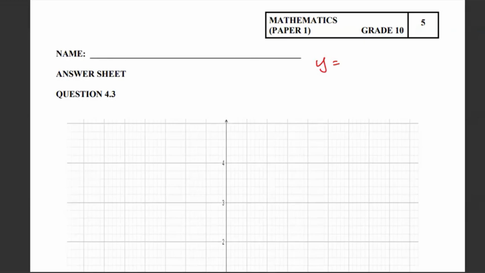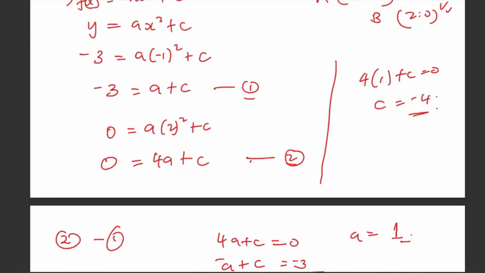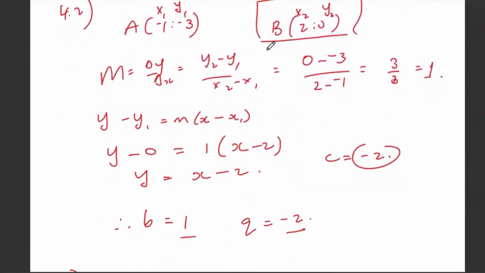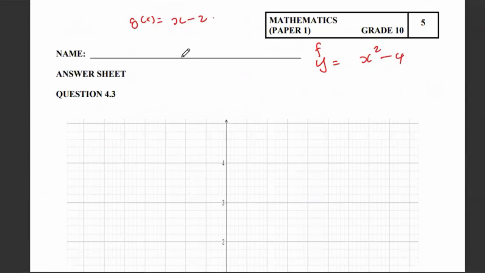So it is just x squared minus 4. This is f. And then the g, remember we got x minus 2. Okay. So let me start with the g.